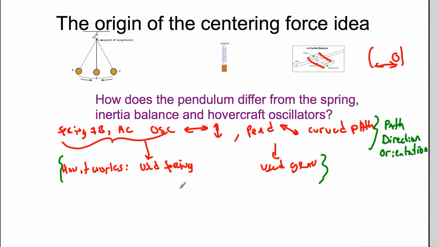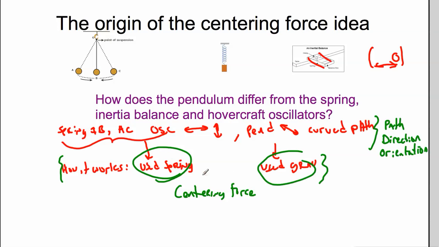And so we created a concept called centering force, as the force that caused it to work. The pendulum used gravity, the spring and these other oscillators use springs, and those are the centering forces. And I want to look in more detail about what that means.